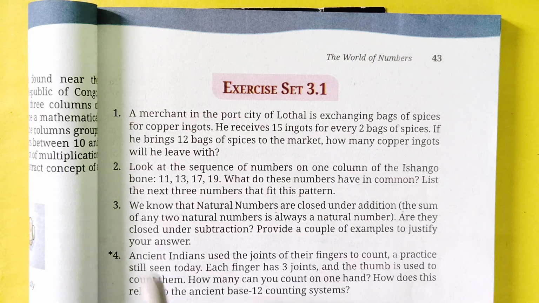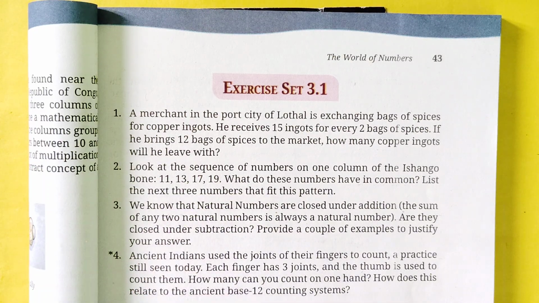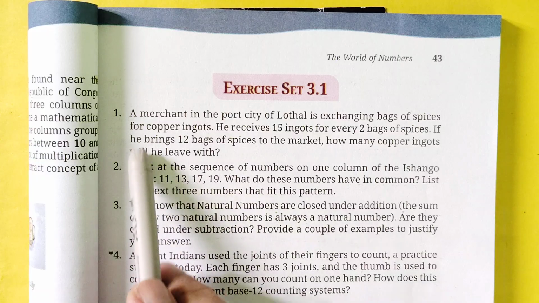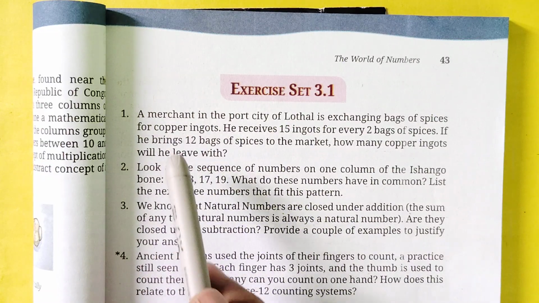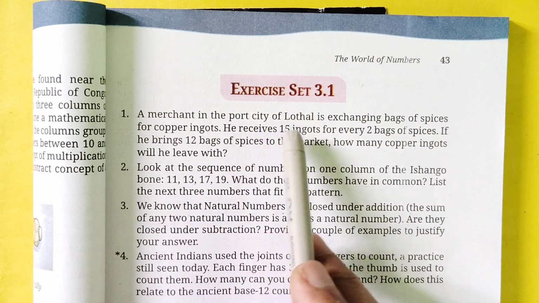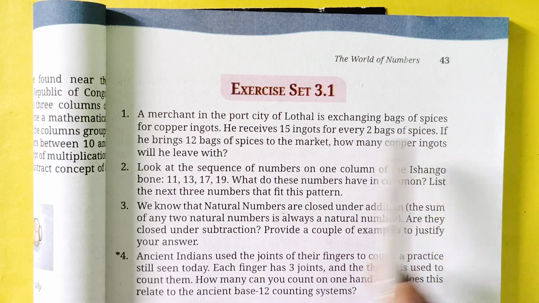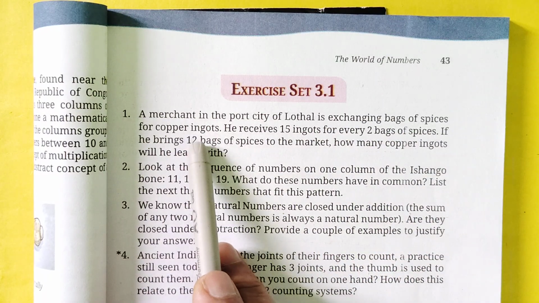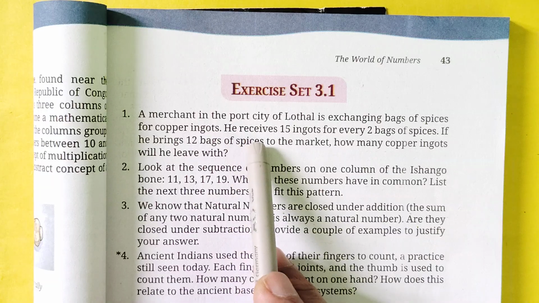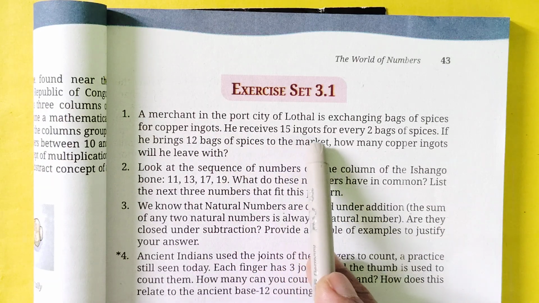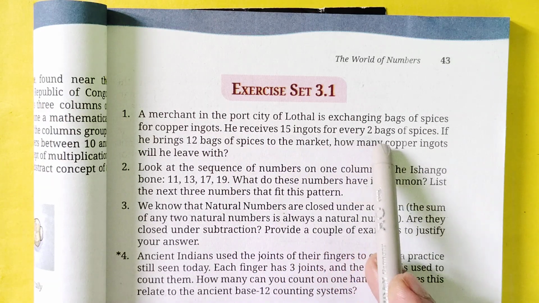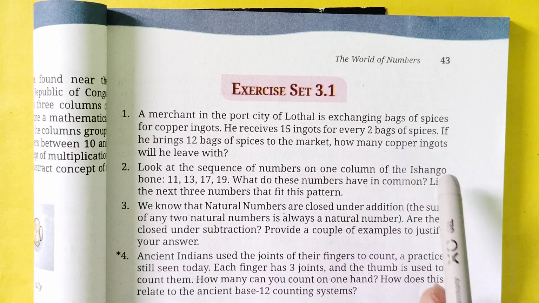A merchant in the port of Lothal is exchanging bags of spices for copper ingots. He receives 15 ingots for every 2 bags of spices.